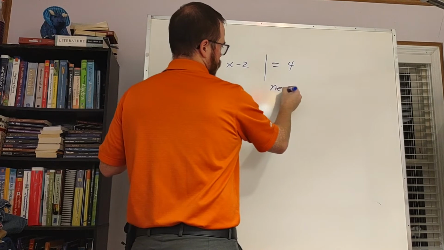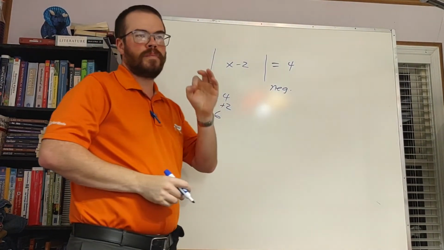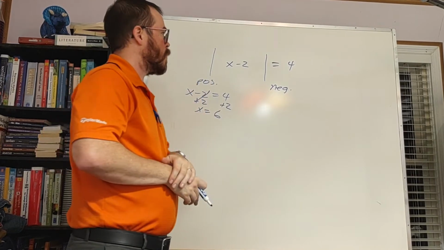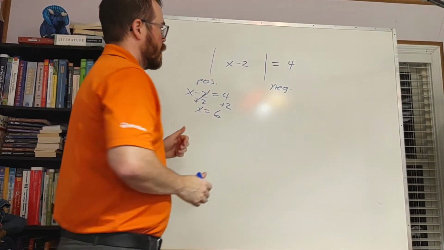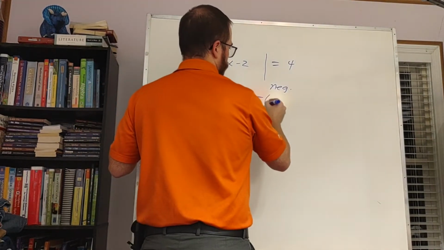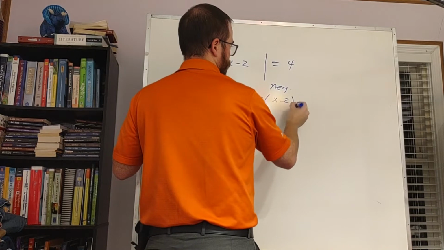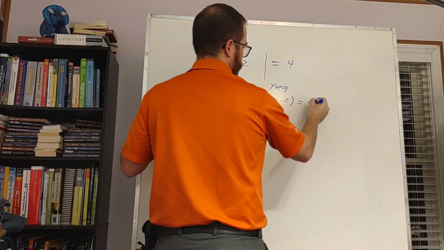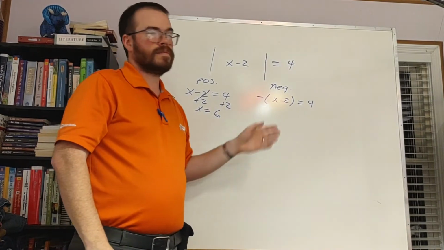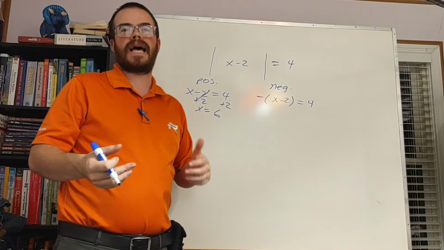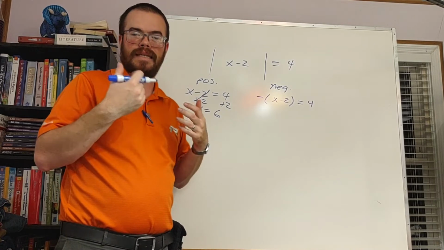Let's look at the negative case. We're always going to consider two cases. For the negative case, we're putting a negative on everything that's getting plugged in there. The negative gets applied to that entire thing, so the entire expression inside of our absolute value bars is negative.